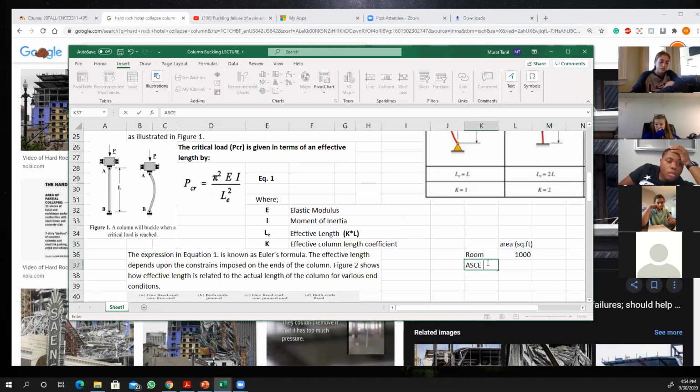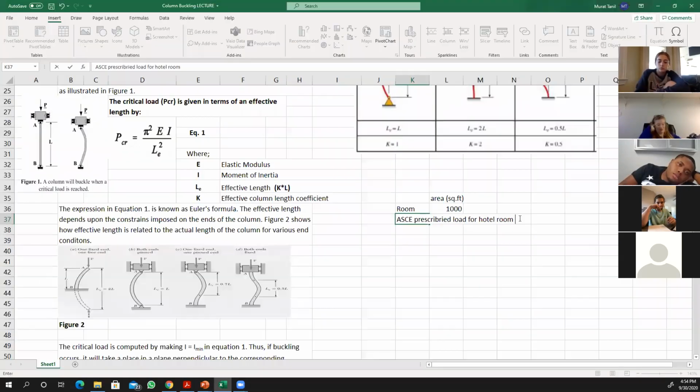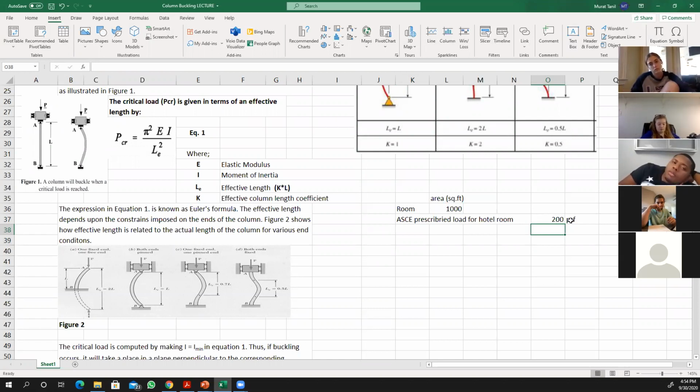And if ASCE prescribes 200 PSF, which means every square foot of this hotel room is going to experience 200 pounds, right? 200 pounds.